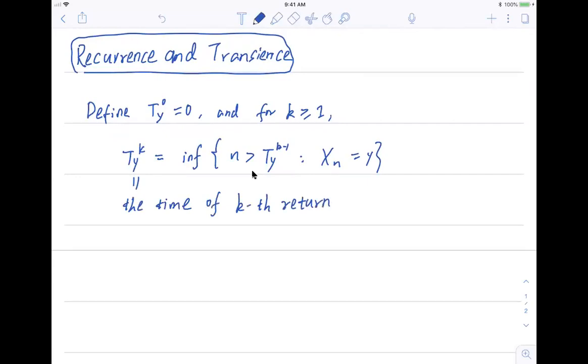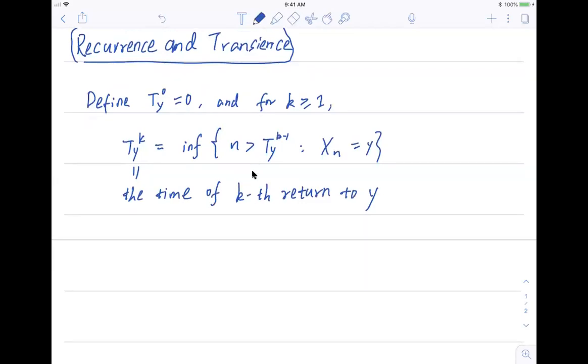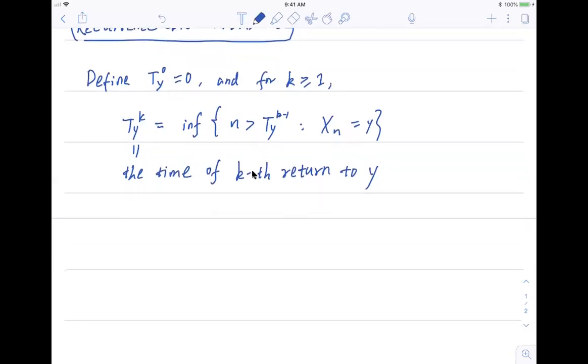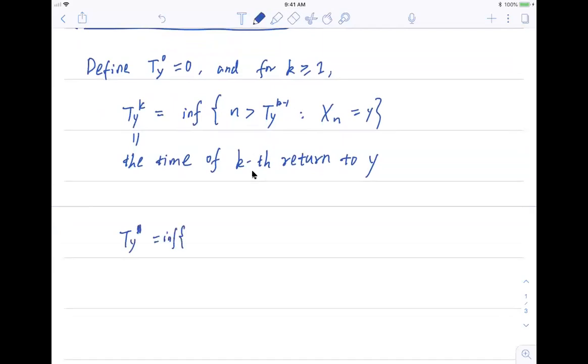Since T_y^0 is 0, you can check that T_y^1, according to the definition star here, is actually just the smallest n bigger than 0 such that X_n equals y.